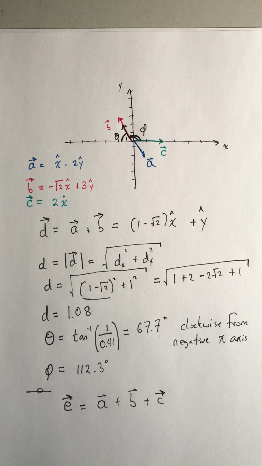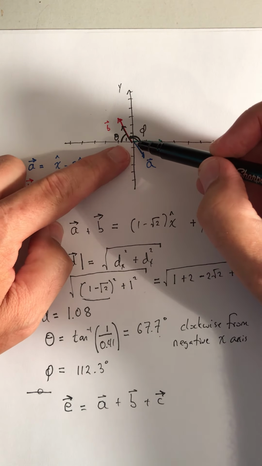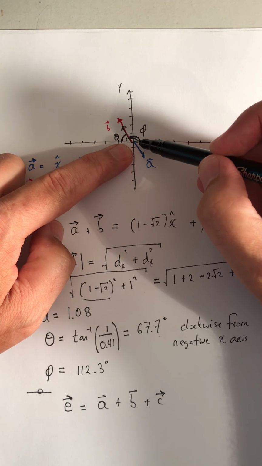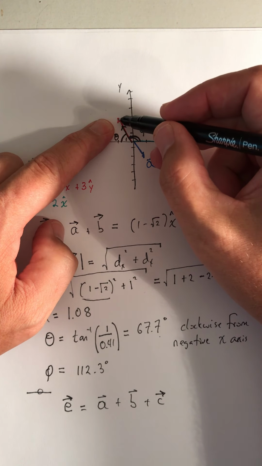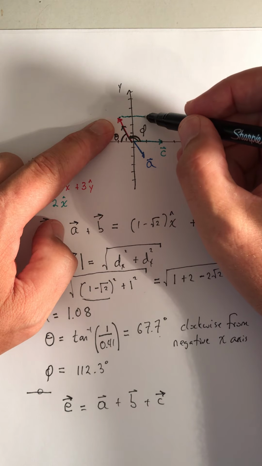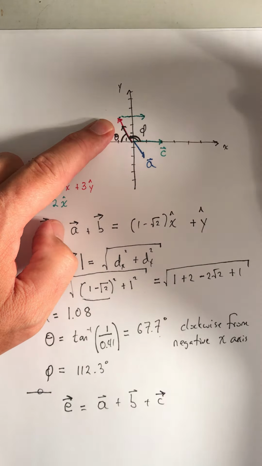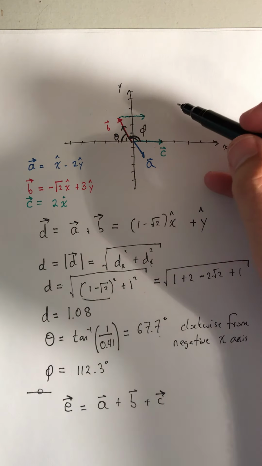Looking at the diagram, what I actually want to do is start with vector B. I want to add the vector C to it, so I put the tail of vector C at the head of vector B. Just make sure it keeps the same direction and the same magnitude. If I change the length or the direction, I have a new vector.